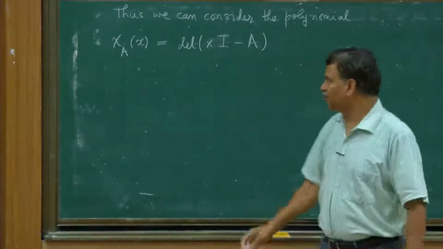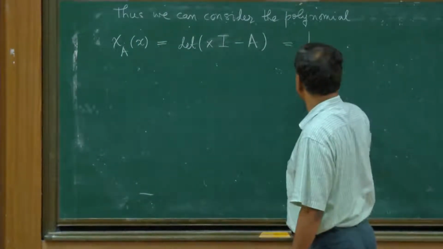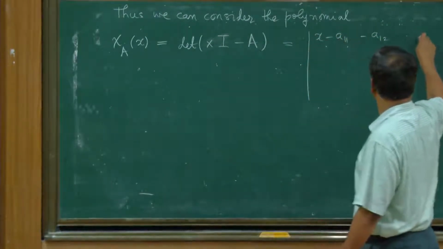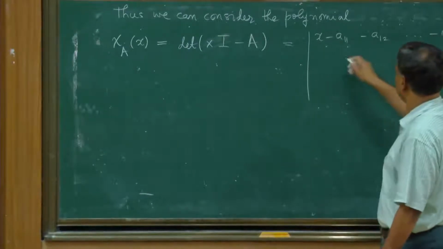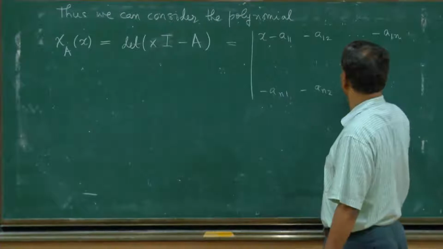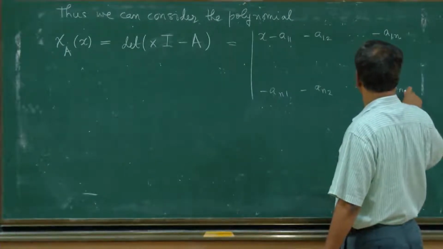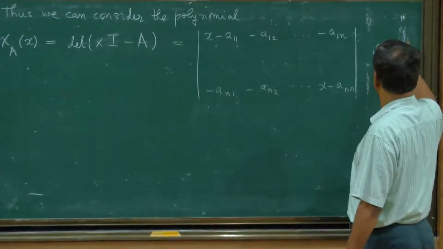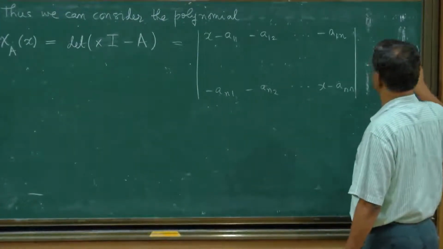This is the determinant of the matrix with entries x minus a11, minus a12, ..., minus a1n, and so on, down to minus an1, minus an2, ..., x minus ann.